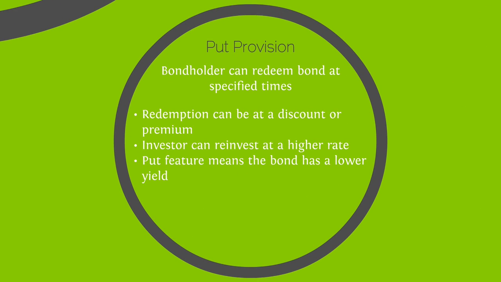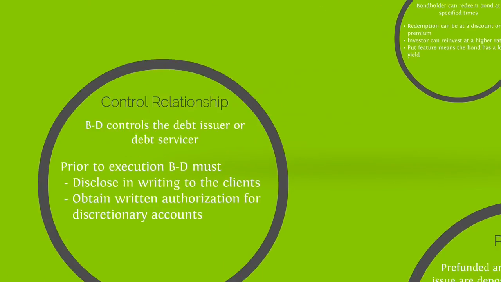A put provision is where the bondholder can ask for their money back from the bond issuer. This can occur when rates go up so that they can reinvest that money at the higher market rates.